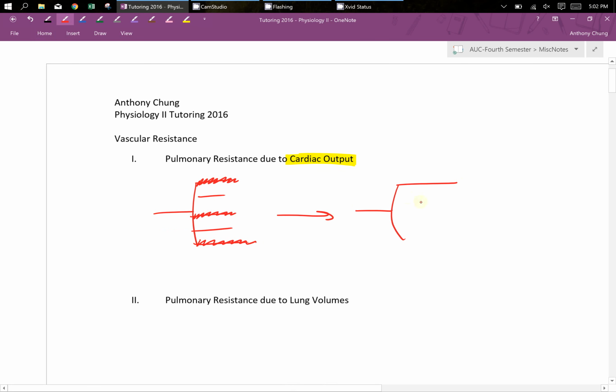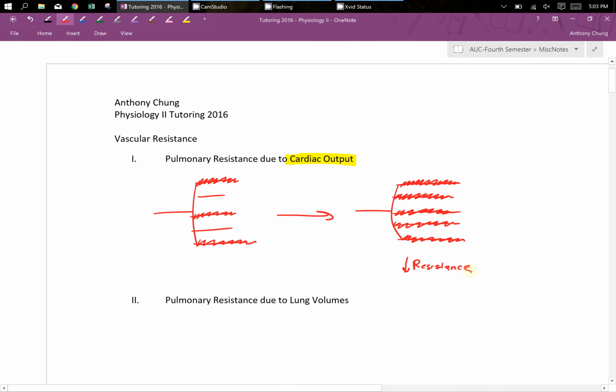Remember when Dr. Hammerl used to tell us that in the heart, you do not recruit more blood vessels? Well, in the lungs, that's what he's really comparing to. In the lungs, you do recruit more blood vessels, and as you increase the amount of blood vessels being recruited, what do you think happens to resistance? Resistance goes down. So resistance goes down when you increase cardiac output.